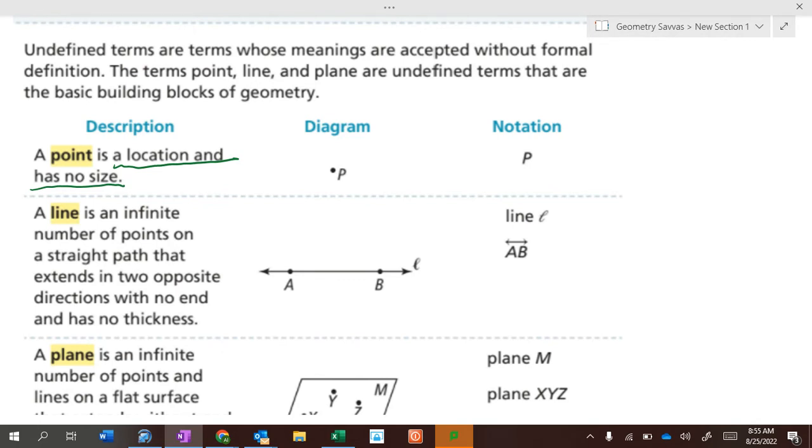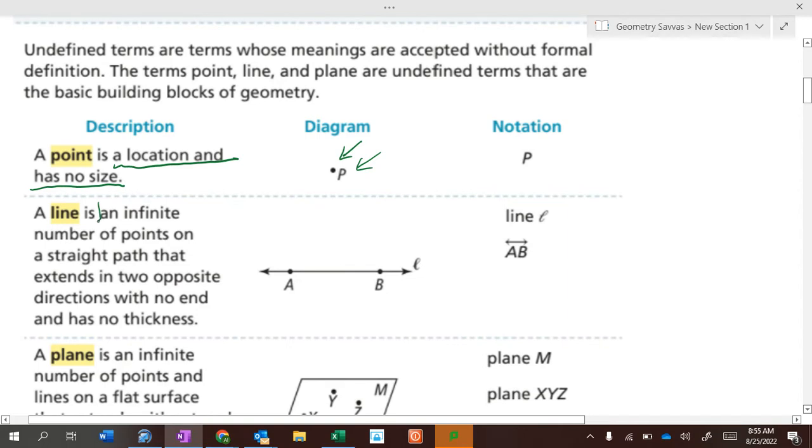So, we use a symbol as a dot to represent a point, and we use a capital letter to note it as a point. Okay? So that's a point.